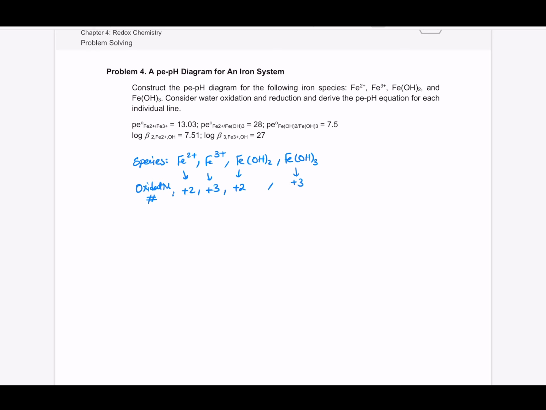And if you look here, for those redox reactions, the information is given. But it looks like for some of the redox reactions, specifically between these two, where we expect a redox reaction to happen based on the oxidation number, we don't have that information here.